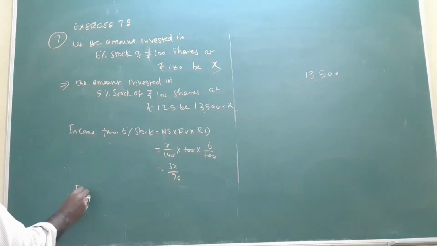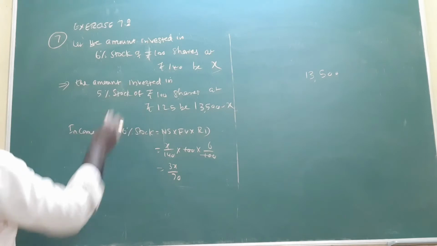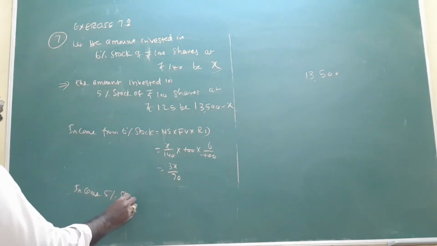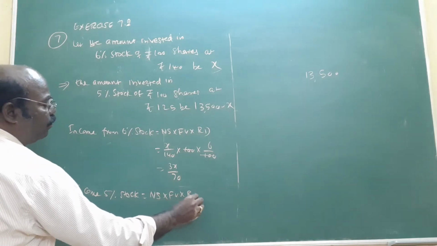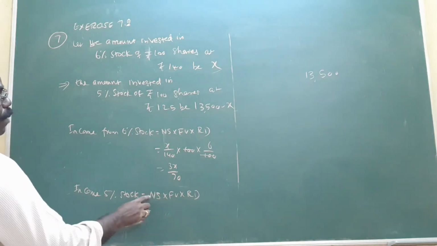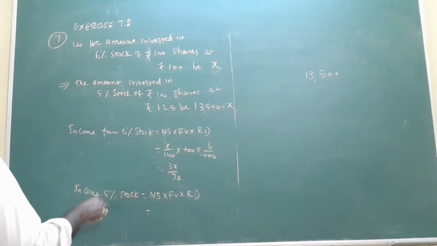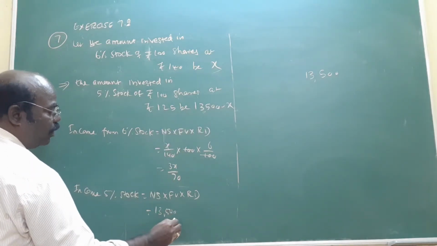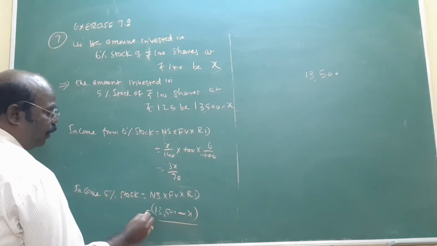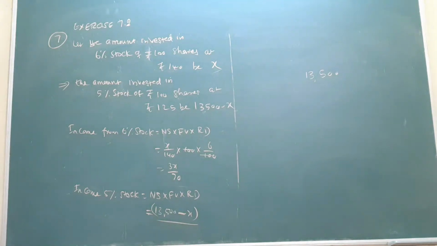Similarly, what is the income from the next, the 5% stock? Again the same formula: number of shares into face value into rate of dividend. Number of shares means money invested divided by market value. How much is the investment? 30,500 minus X divided by 125.